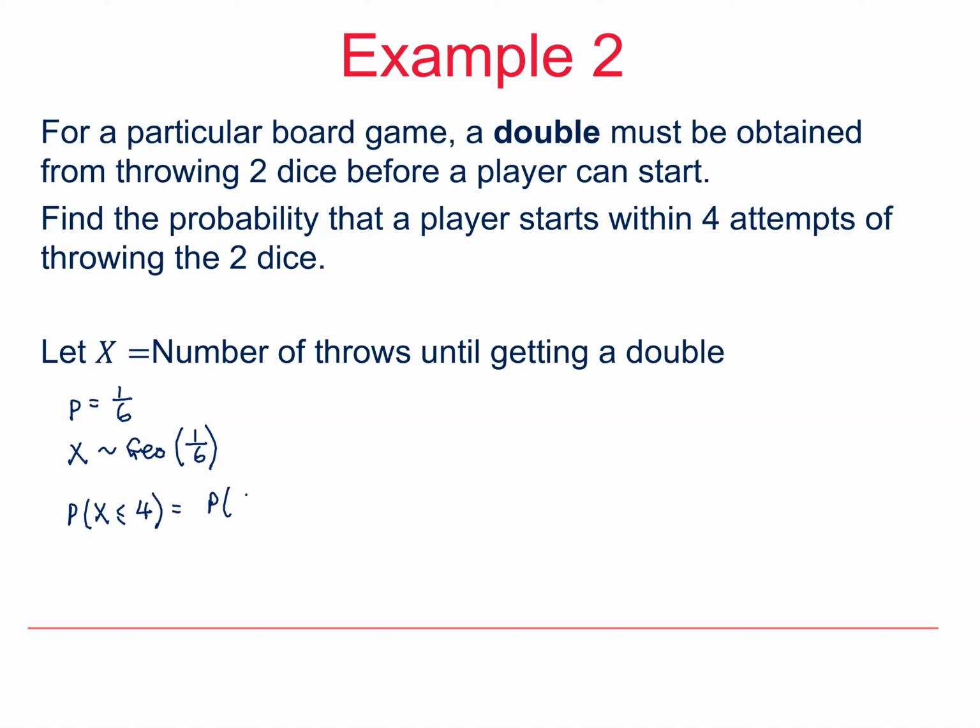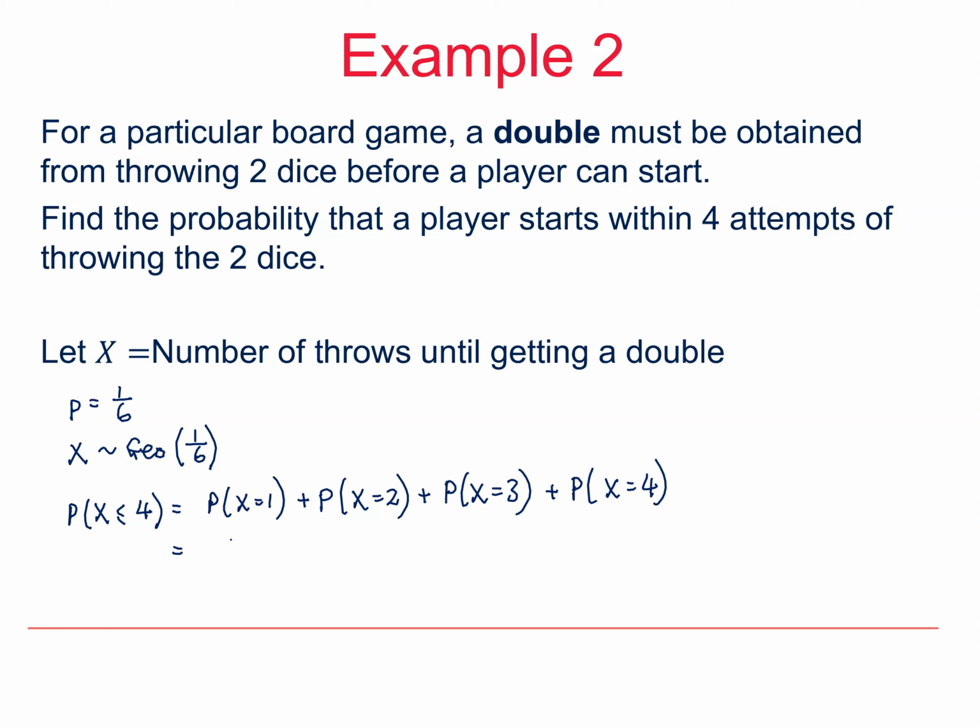So the probability that X equals 1 plus the probability that X equals 2 plus the probability that X equals 3 plus the probability that X equals 4.